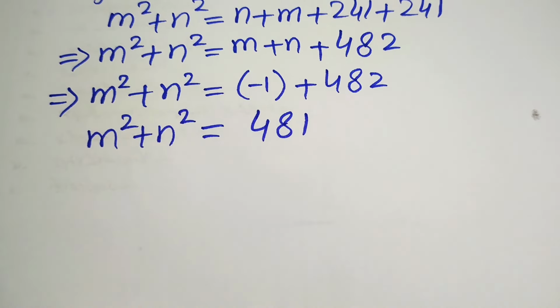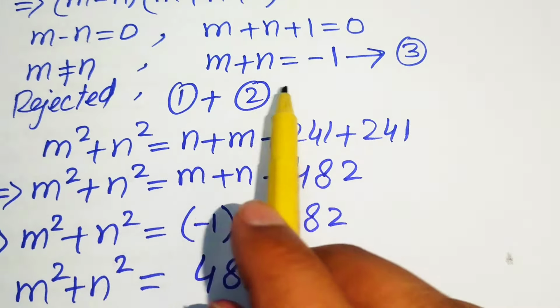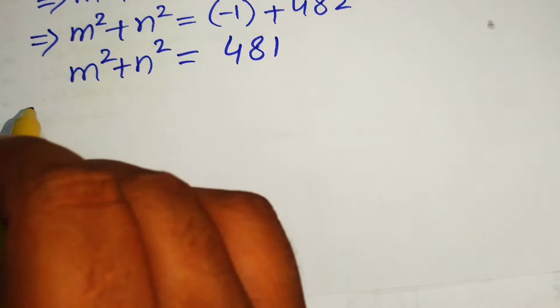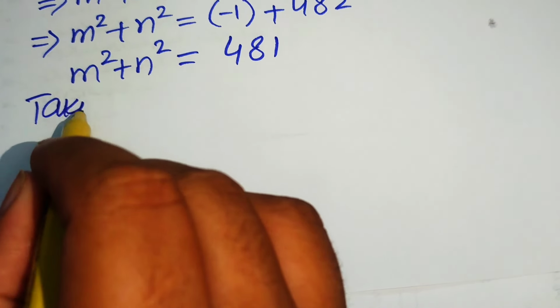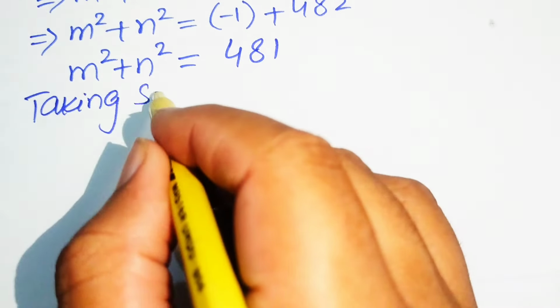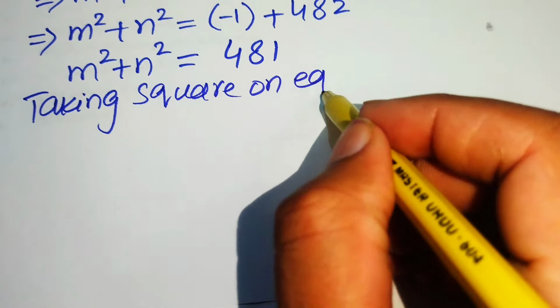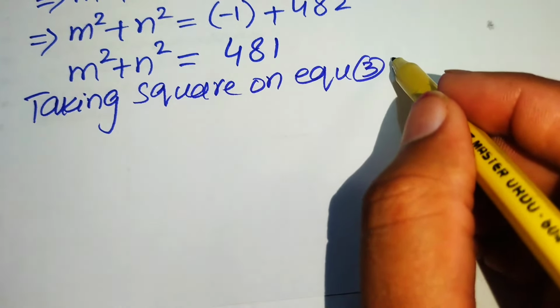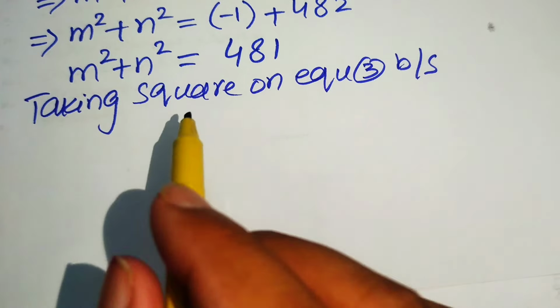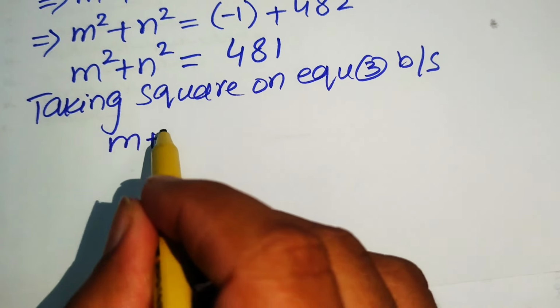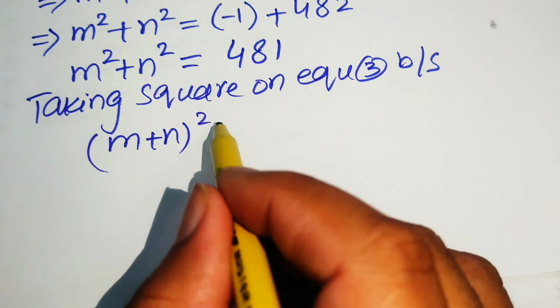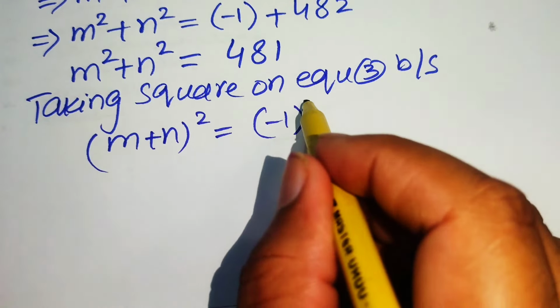Now in the next step we take the square of equation number 3 on both sides. We have equation number 3 as m plus n whole square equals minus 1 square.